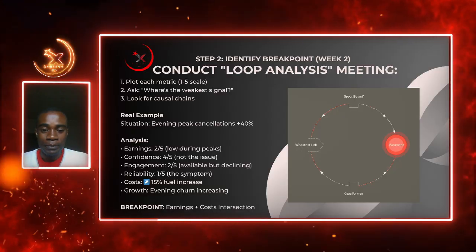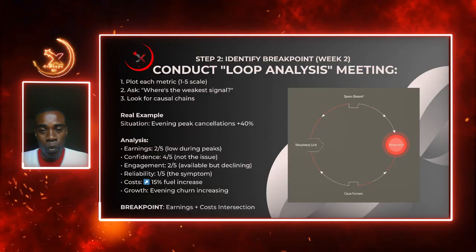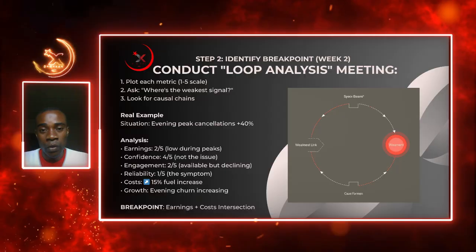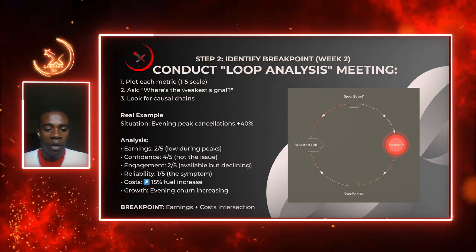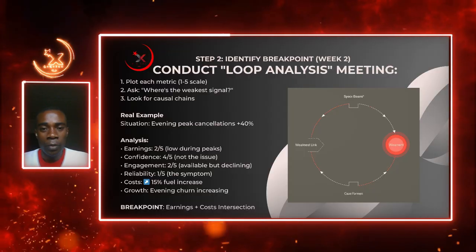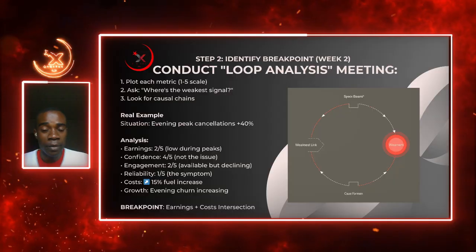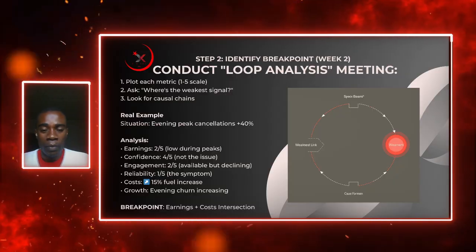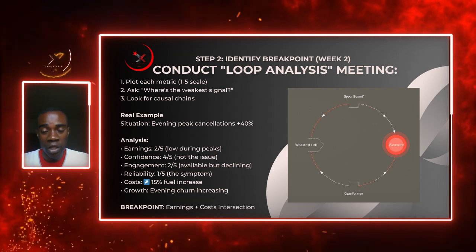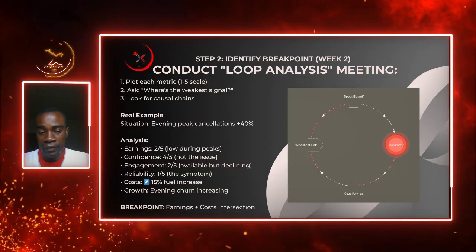With reliability, it was obviously poor. The score was 1 out of 5. This was the actual symptom. With costs, fuel prices had just jumped by 15%. And finally, with growth, the loop analysis showed that even in shift churn was increasing.